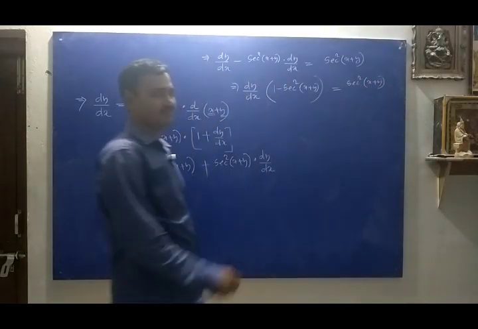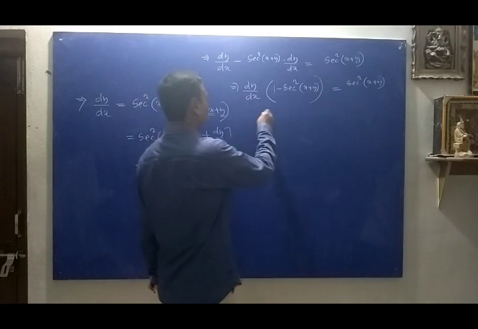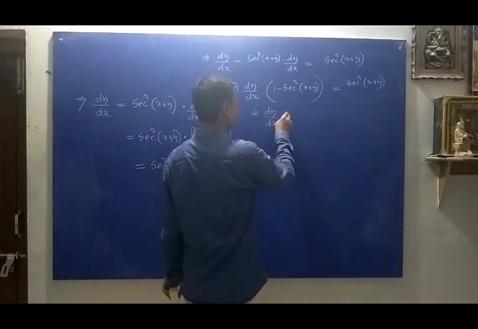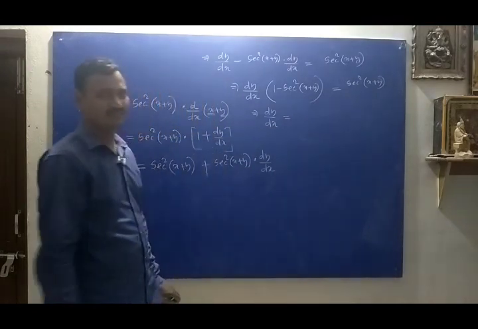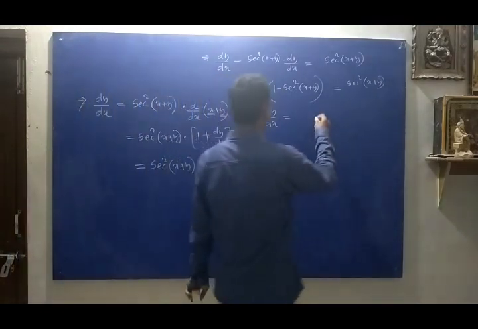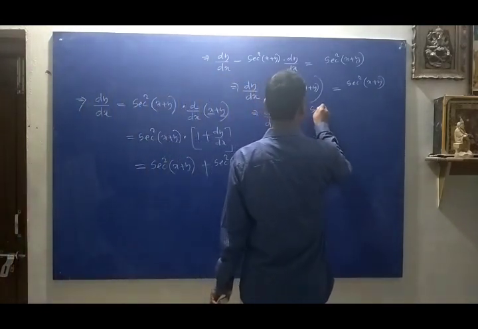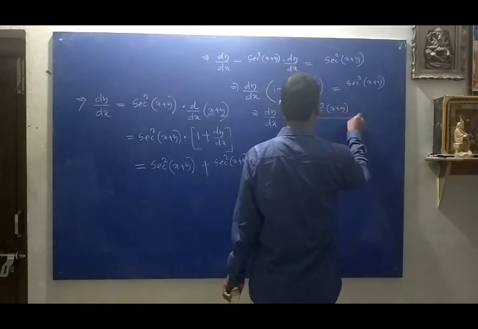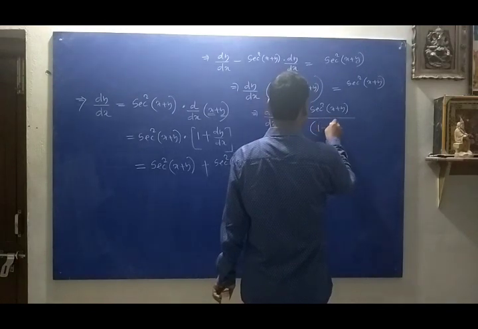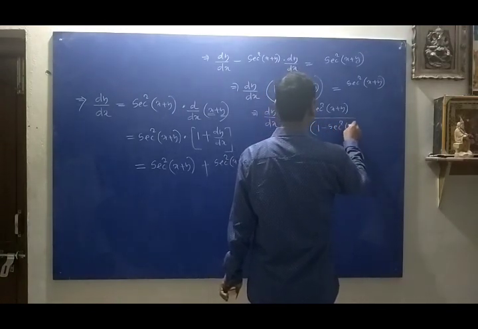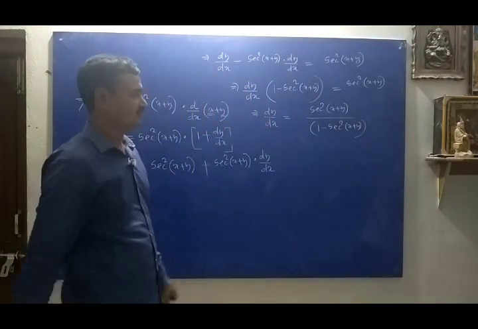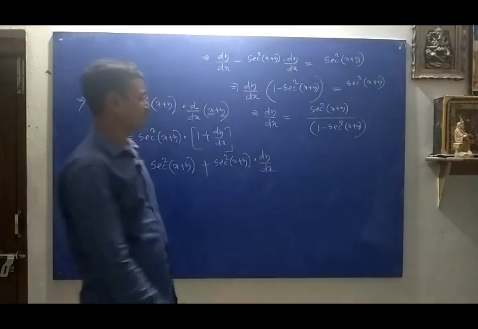So what is dy by dx? dy by dx is equal to sec square of x plus y by 1 minus sec square of x plus y.